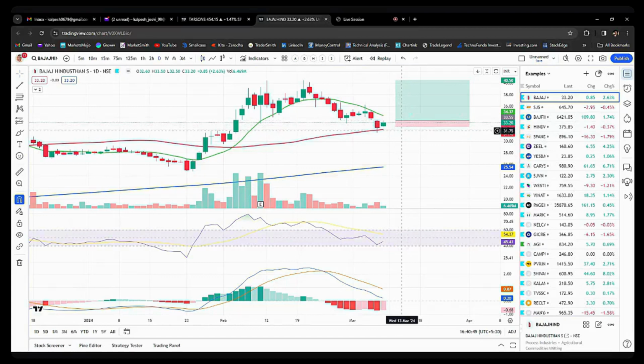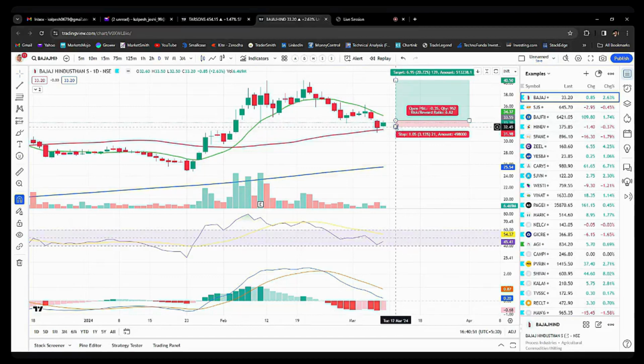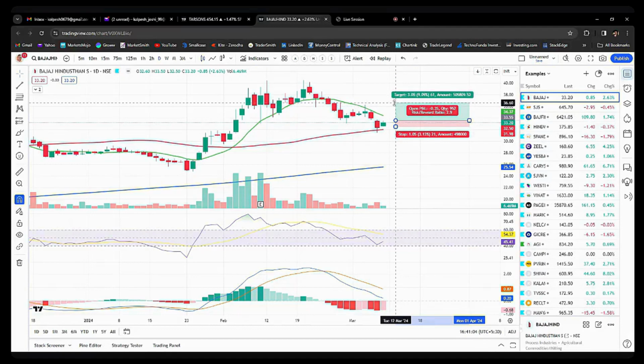So 5% in a single shot, I'll take an entry here. And as it'll give me 1:2 or 3, here I got 1:2 or maybe 1:3 on a metal. Here I got 1:3. I'll book 50% profit here.